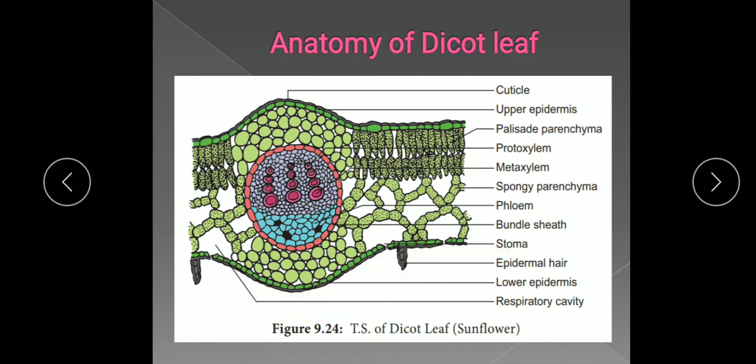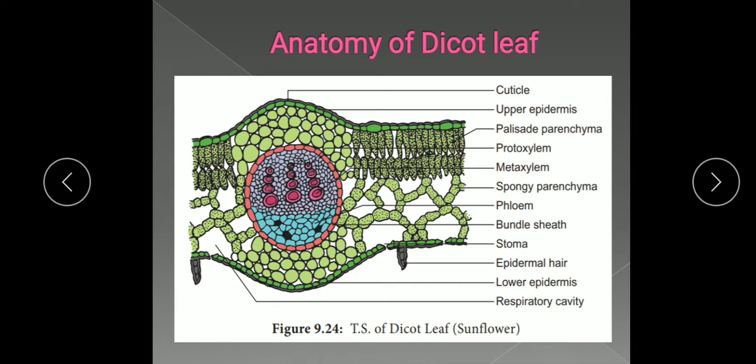In monocot leaf the mesophyll consists of only spongy parenchyma with less intercellular spaces. There palisade parenchyma is not present, whereas in dicot leaf both palisade and spongy parenchyma are present. In monocot leaf they have bulliform cells. Here bulliform cells are absent, as I explained to you, bulliform cells in the epidermis of grasses on the adaxial surface. And bundle sheath cells are found in both leaves.